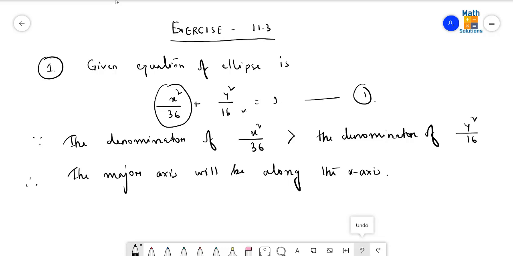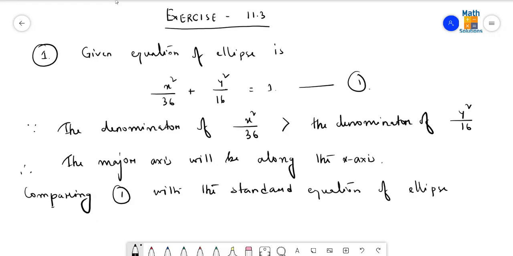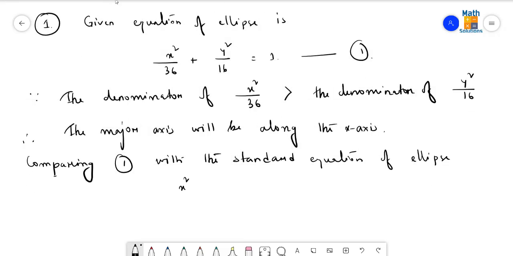So after this, let us compare 1 with the standard equation of ellipse where the x-axis is the major axis, that is x square by a square plus y square by b square is equal to 1.